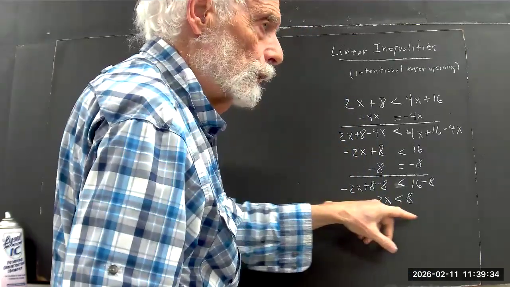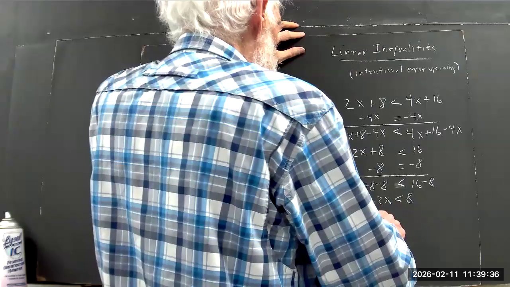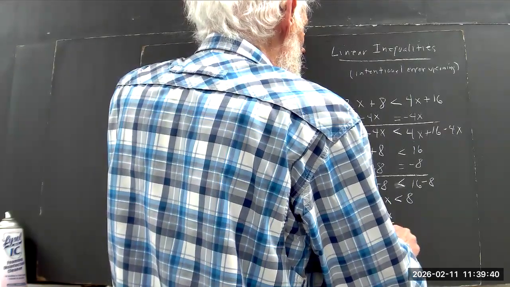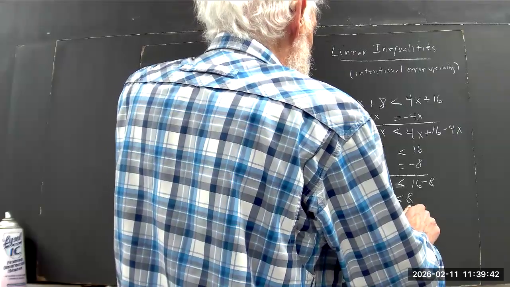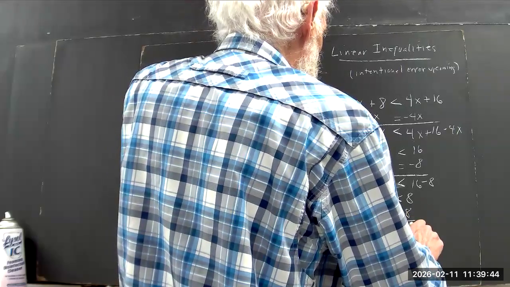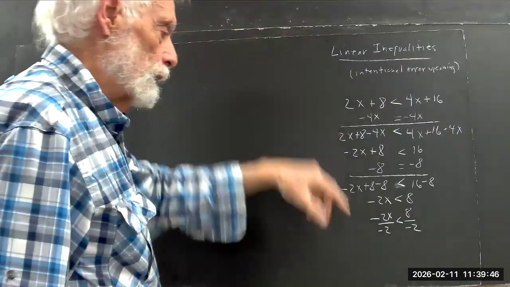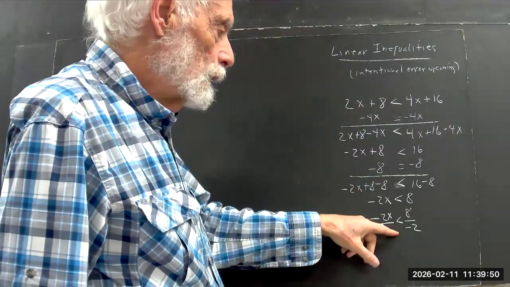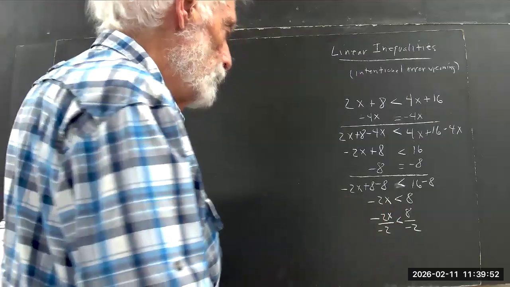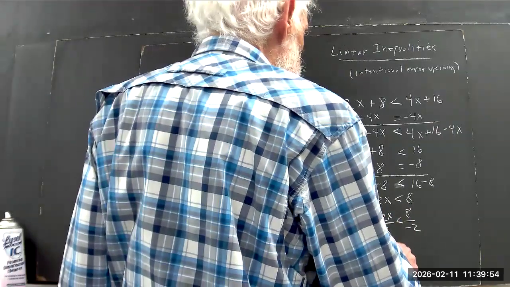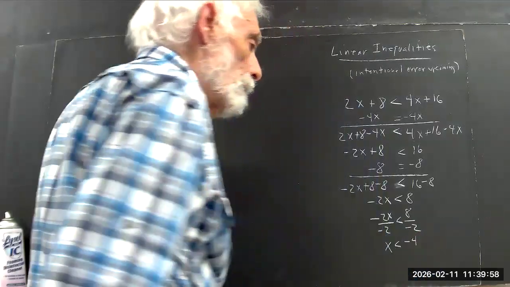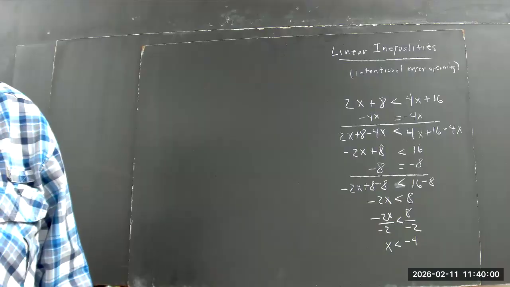And now I simply divide both sides by negative 2. I'm going to do it wrong. Then we're going to see why it's wrong. Okay, so I just go ahead and divide both sides by negative 2, and I get negative 2x over negative 2 less than 8 over negative 2. And that clearly simplifies to x less than negative 4. Okay?